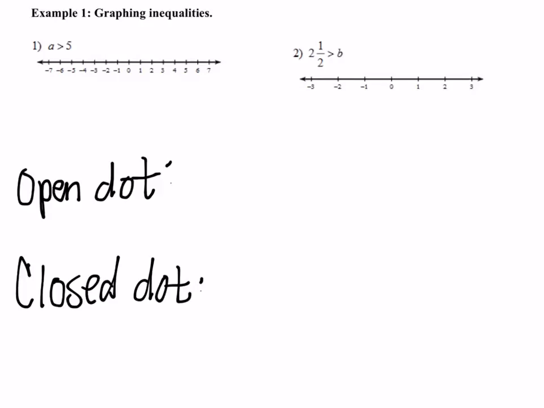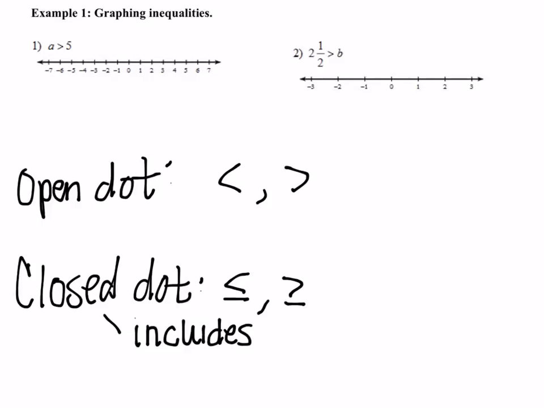An open dot would be a less than or greater than sign, and a closed dot would be a less than or equal to or a greater than or equal to sign. A closed dot just means it includes the number that you're on. And an open dot means it doesn't include your number.